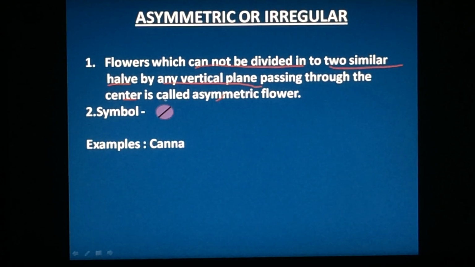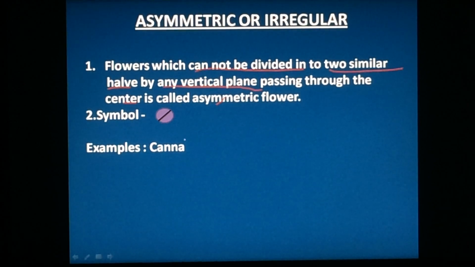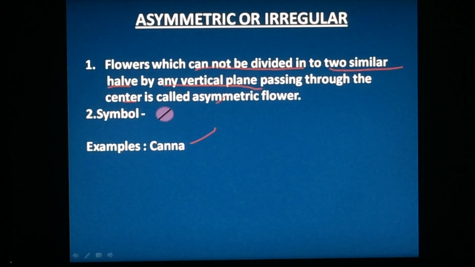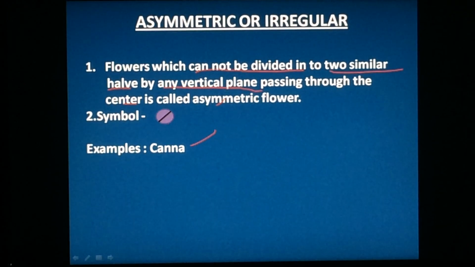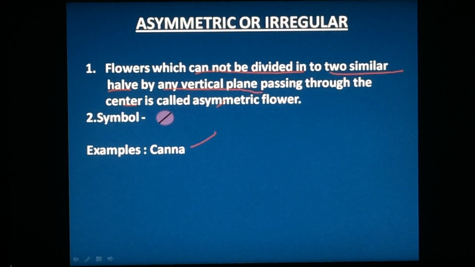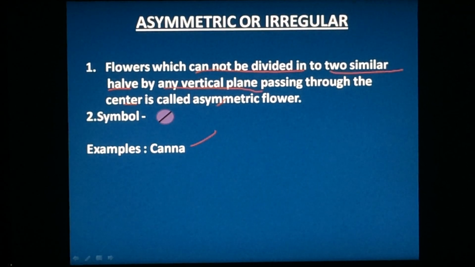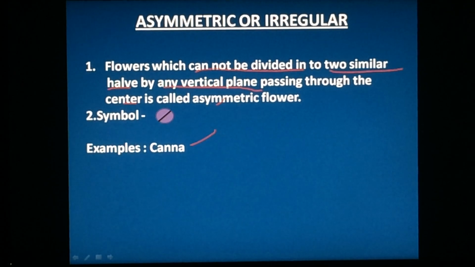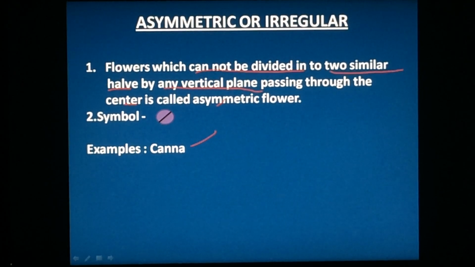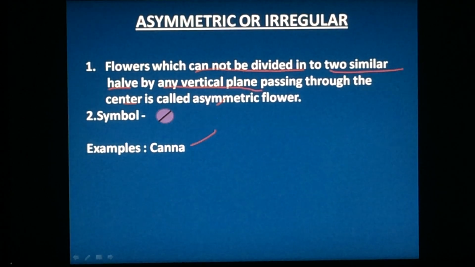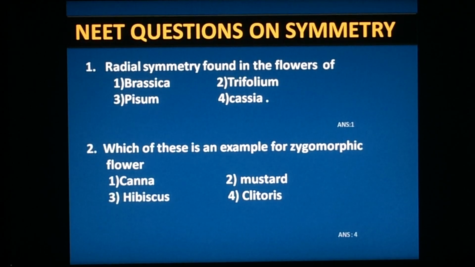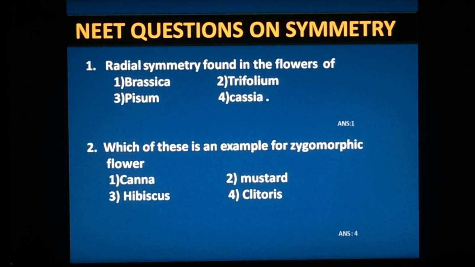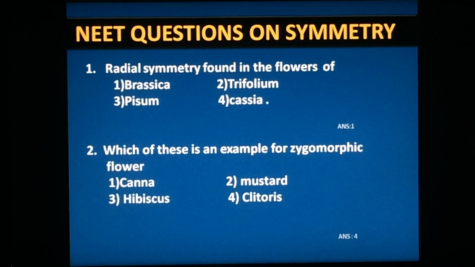It will be symbolically represented like this. Example is Canna. Let me repeat. Actinomorphic is called radial symmetry, a regular flower. Zygomorphic, bilateral symmetry. By only one plane we can get two equal halves. Asymmetry, we cannot get two equal halves.